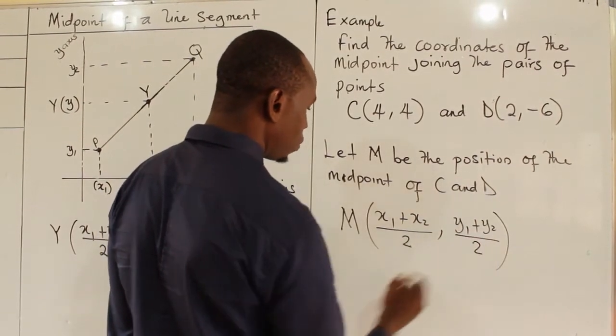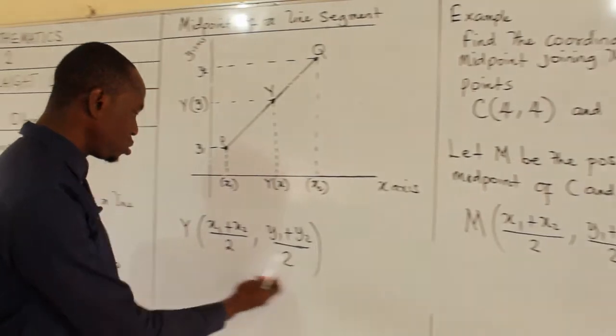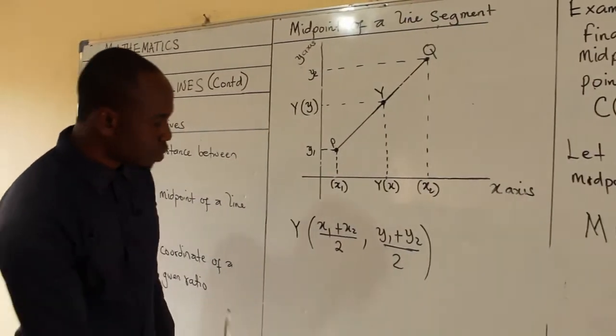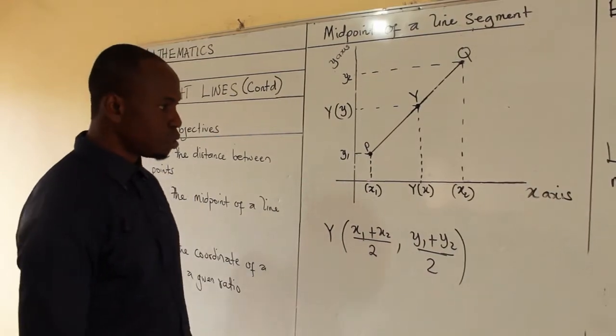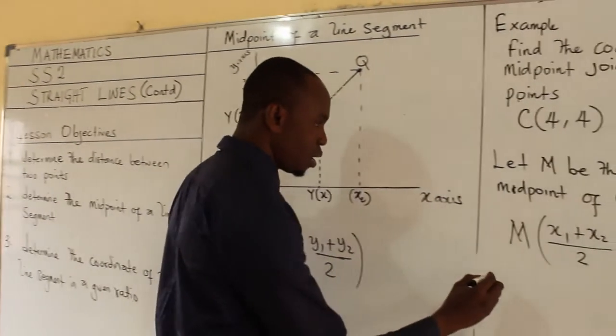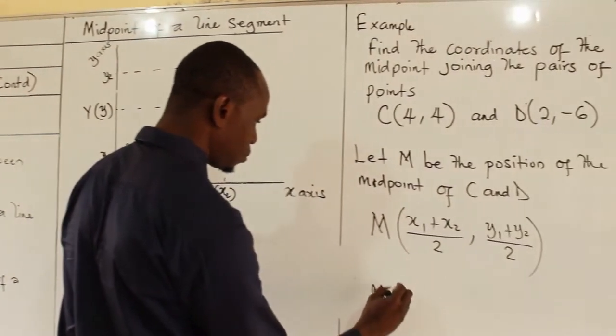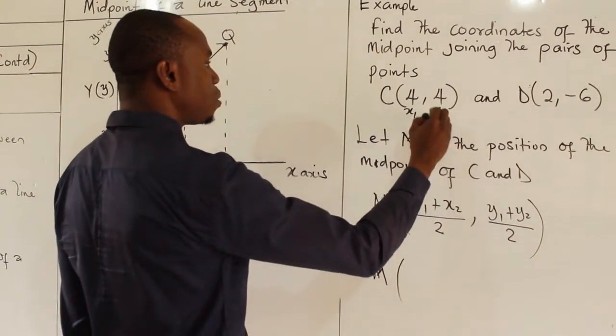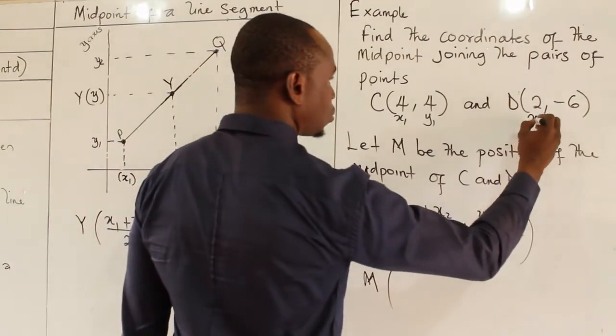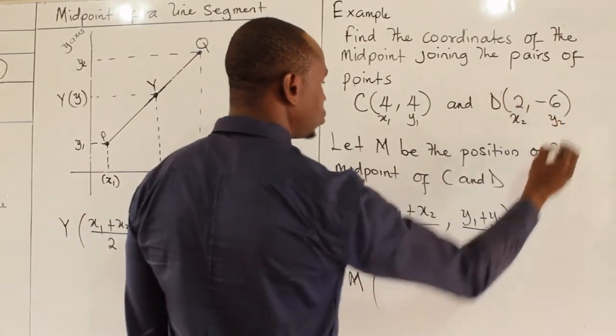all over 2. So we're still using the relationship that we had here for x and y for us to be able to get the coordinates of the midpoint. So M is, this is our x1, this is our y1, this is our x2, and this is our y2.